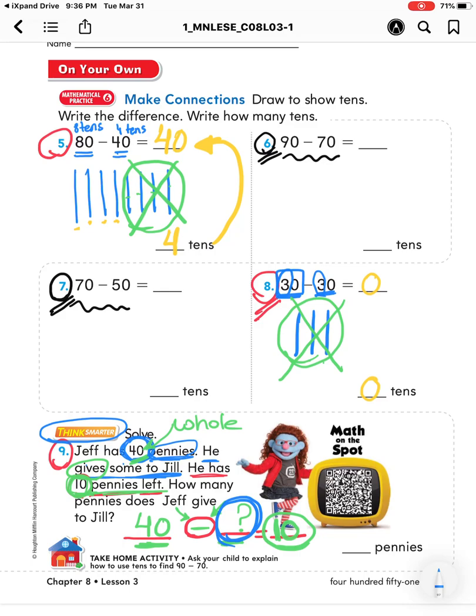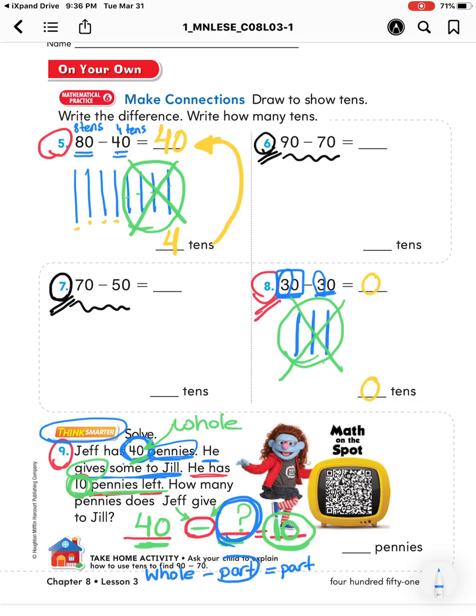Now, we will do a very simple thing. Do you remember in the beginning of the chapter when I talked to you about this, about doing this when we have the whole minus part equal another part?